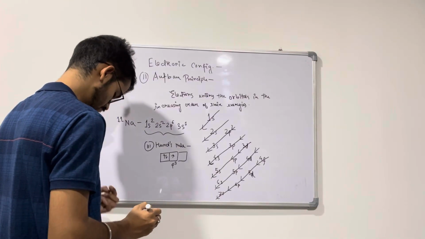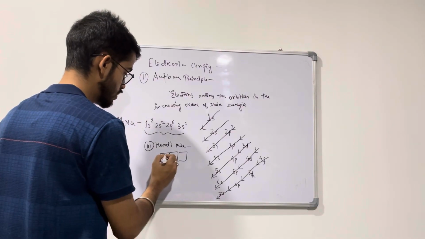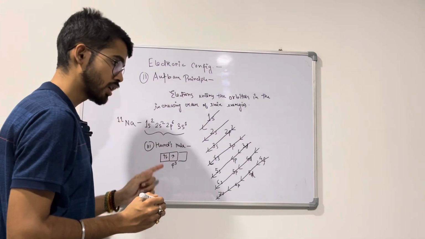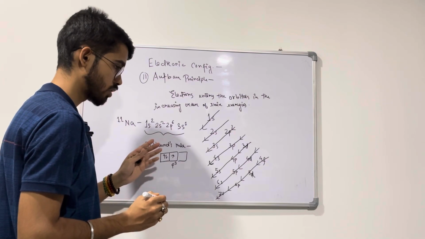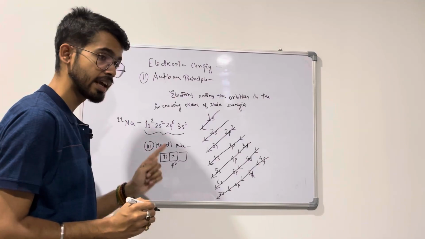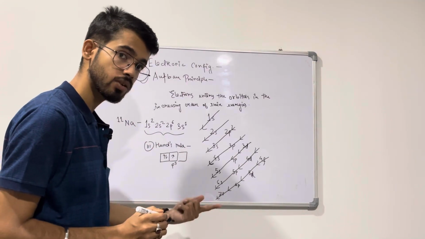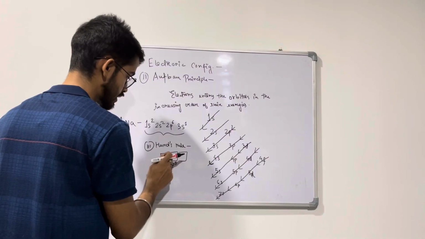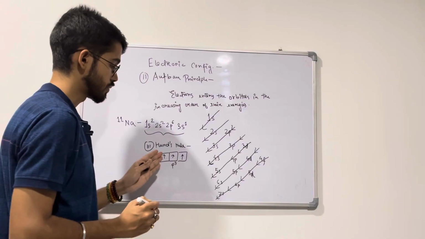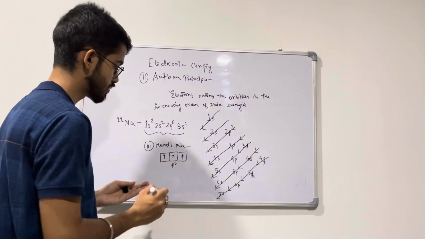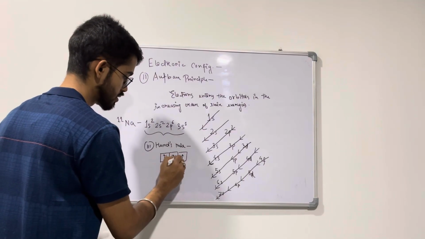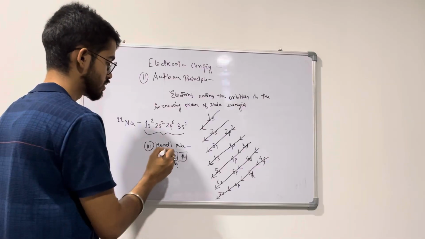So you have to fill it one by one. That means Hund's rule says that before pairing electrons in orbitals, you have to fill every orbital with 1 electron minimum first. Then you can pair it. First p3 will be filled, then if p4 is given, it pairs. In this way, electrons are filled in orbitals.